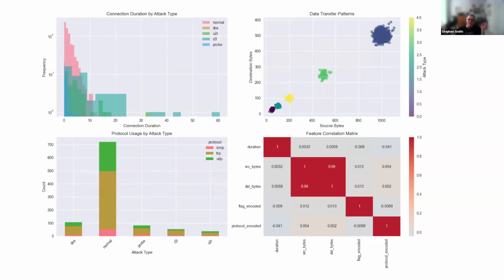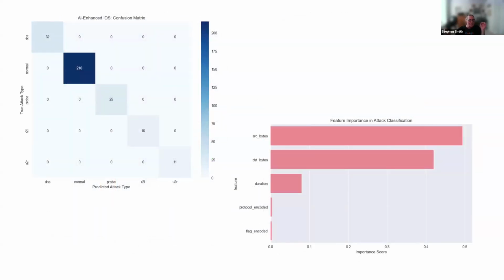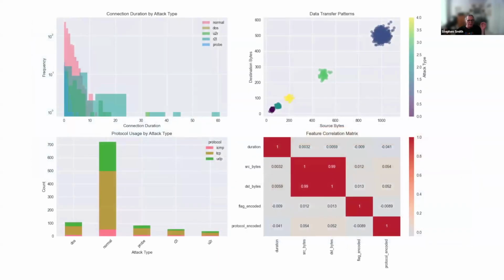And then pattern recognition, right? Each attack occupies a different region of the feature space. So they're distinct, they have different characteristics, and you can see how they're detectable. And these are the techniques that we use. Okay, so a lot to digest there.